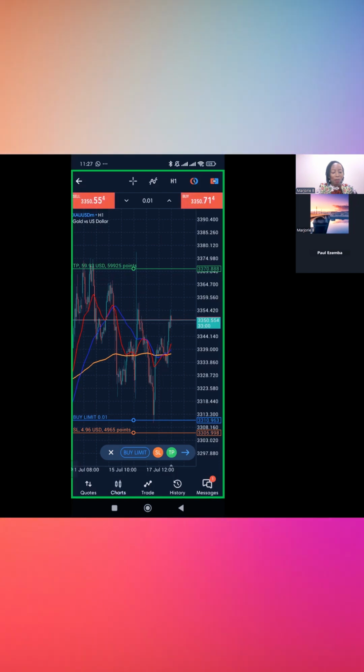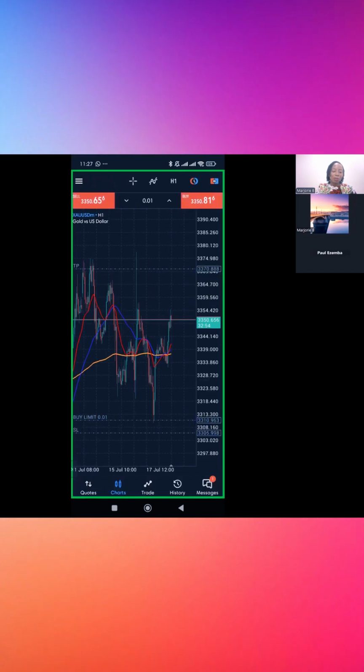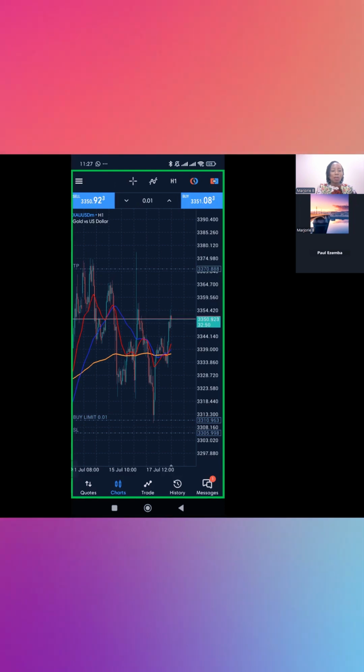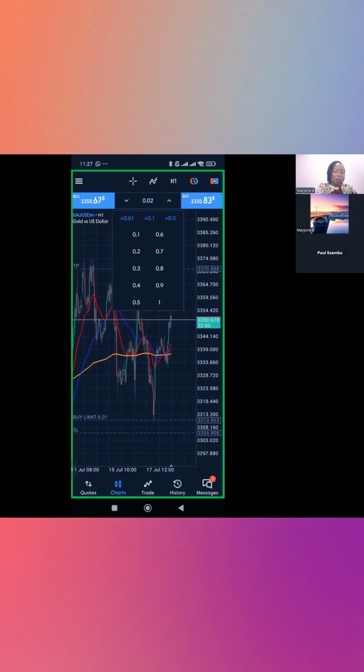Once I click the arrow, it has already put in these parameters and I click place. I have a buy limit waiting for me. And of course, you can always increase the lot size as you want it there. So that is because of these little things that people actually like MT5.